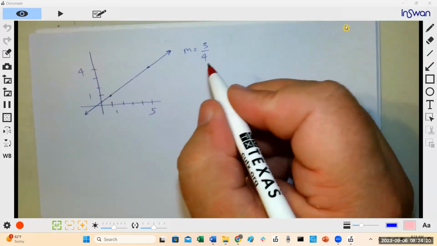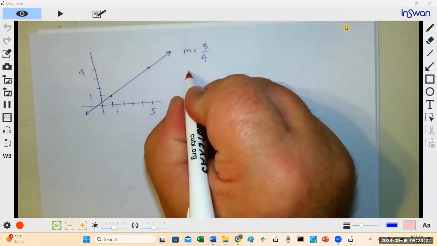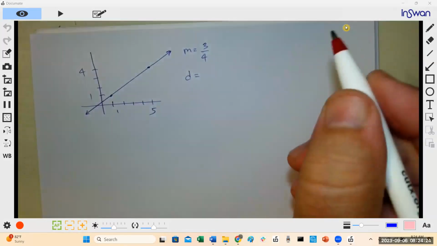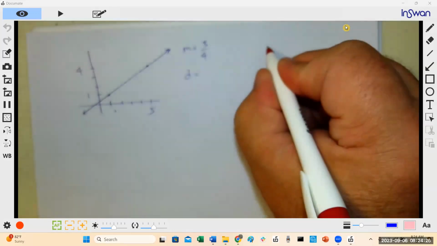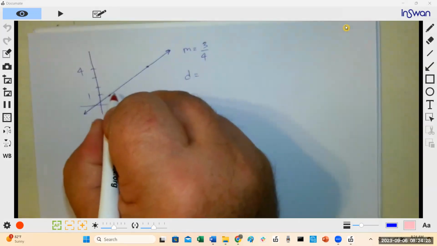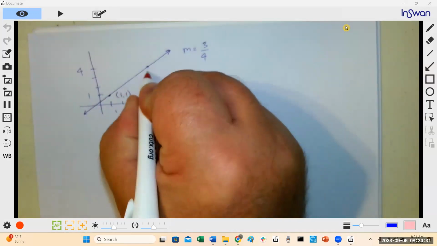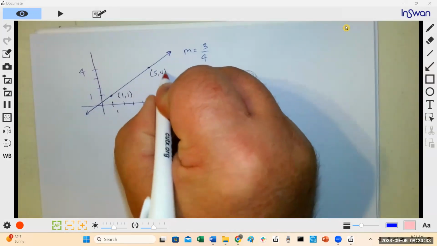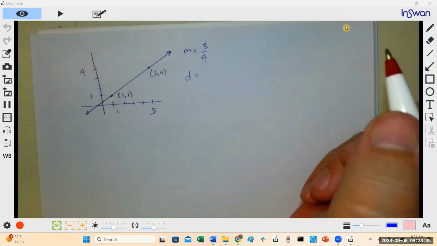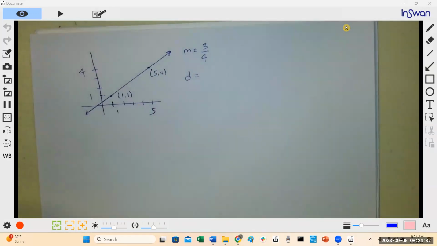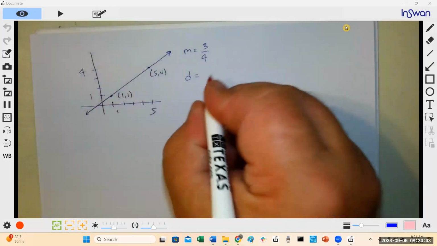Now we've got to find the distance between the 2 points. So our points are 1, 1 and 5, 4. Actually, didn't I do this already? Yeah, so distance is 5.